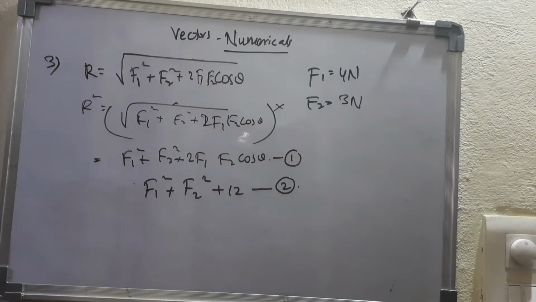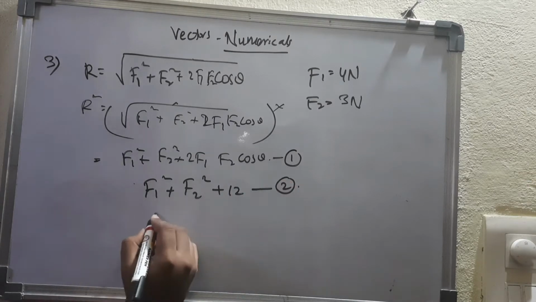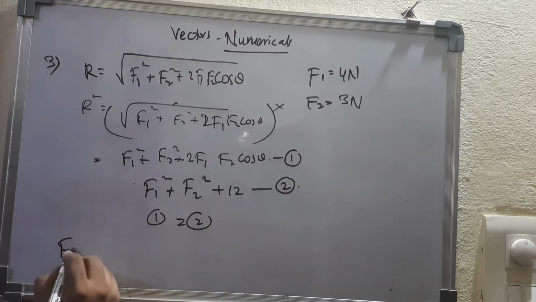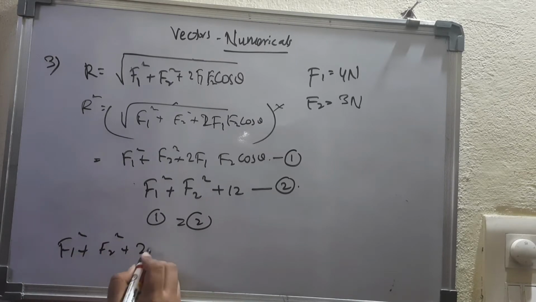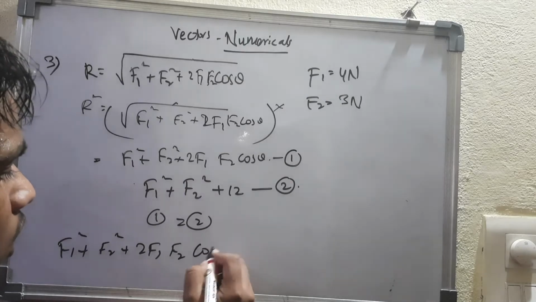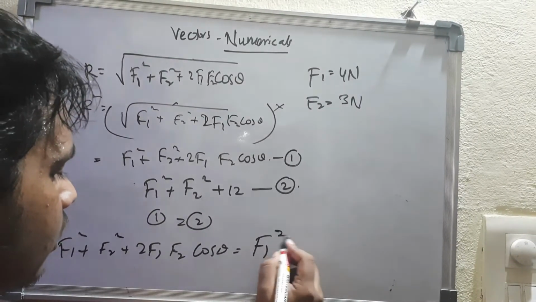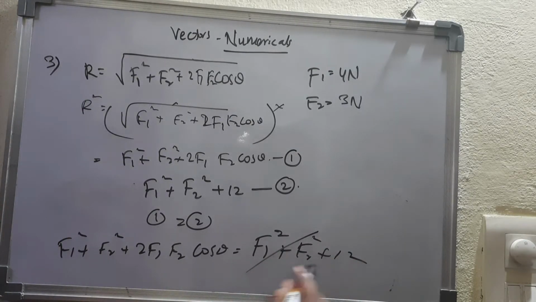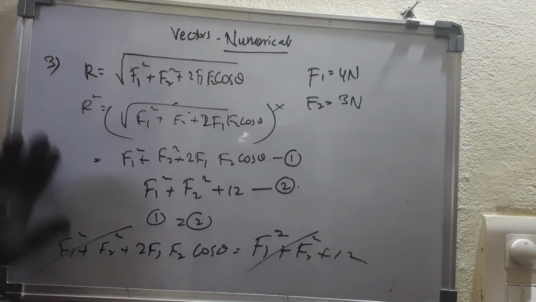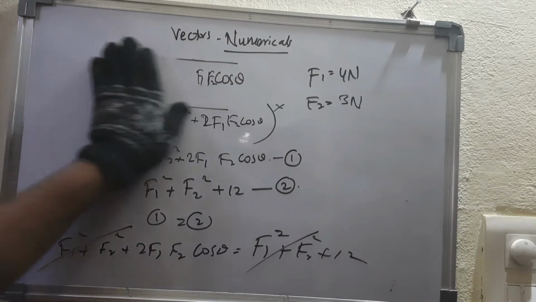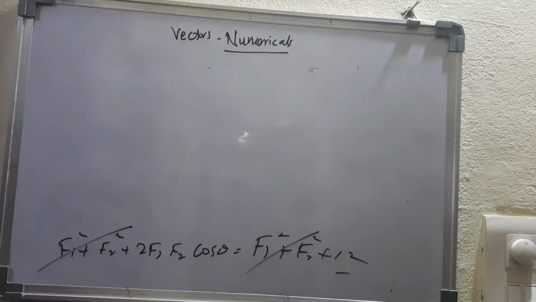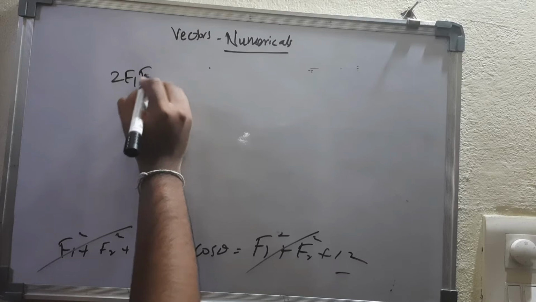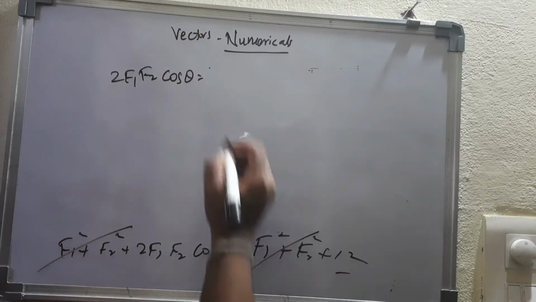Okay, now equate these two equations: F1 square plus F2 square plus 2 F1 F2 cos theta is equal to F1 square plus F2 square plus 12. F1 square plus F2 square gets cancelled here. What do we get? 2 F1 F2 cos theta is equal to 12.